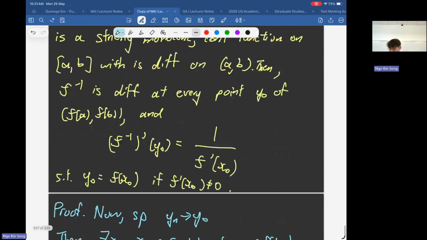Or in other words, we can just write this as 1 over f prime of f inverse of y naught.